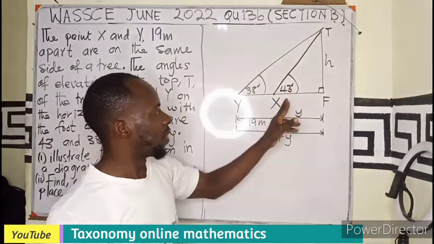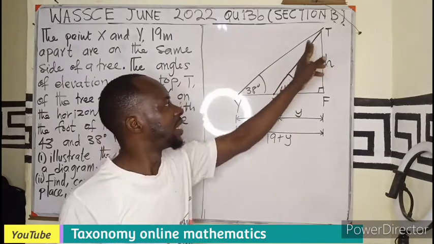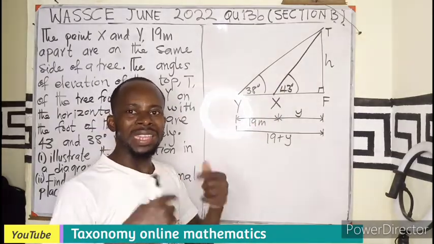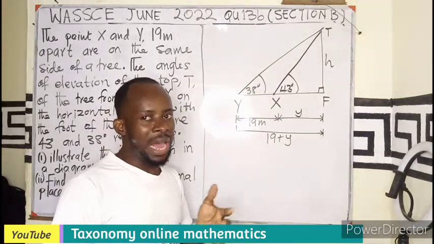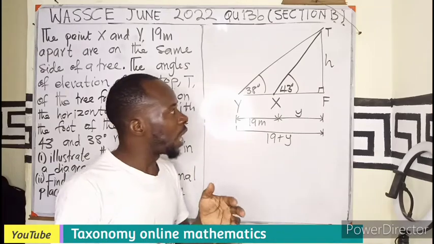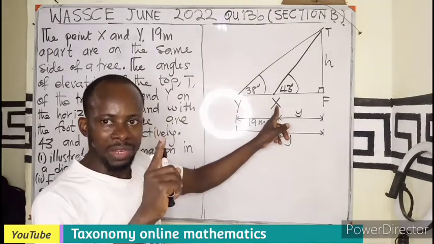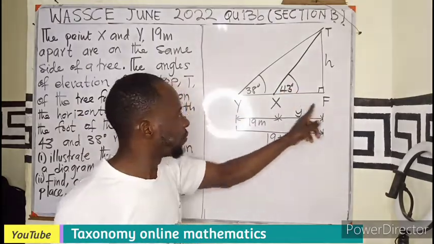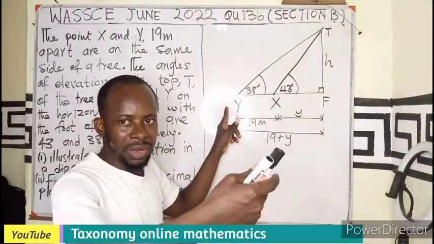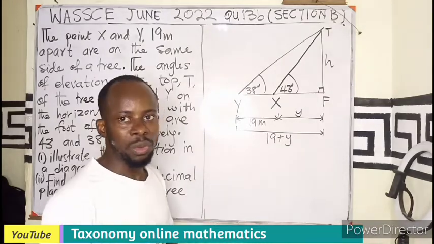If I take triangle XYT, that triangle is not a right angle triangle, so I can apply the trigonometry principles. So I'll be taking TFX as one triangle, TFY as another triangle. Then I will employ the principle of trigonometry.